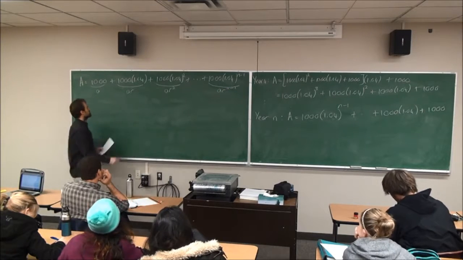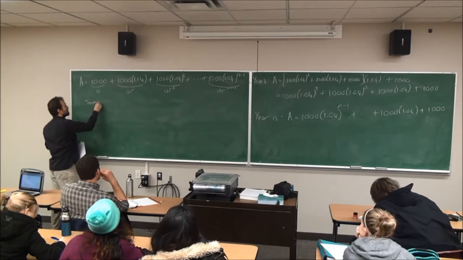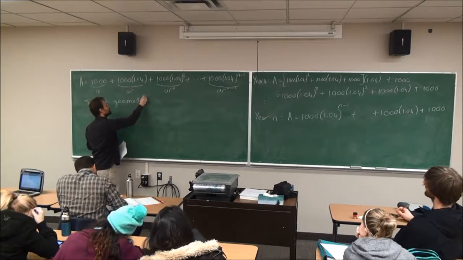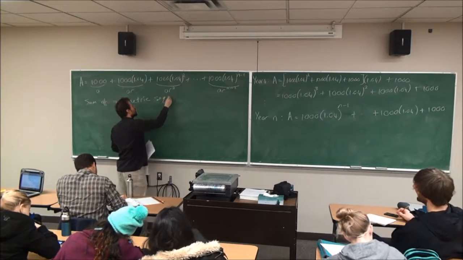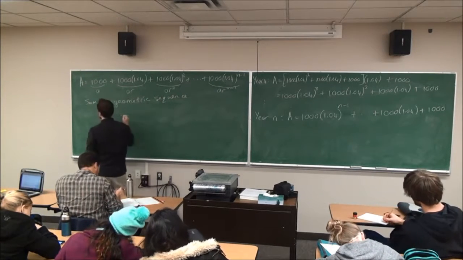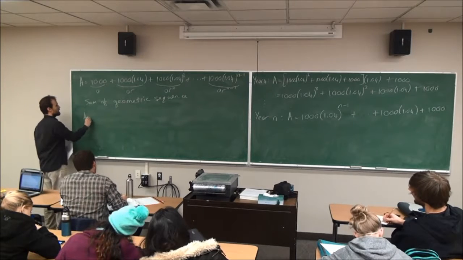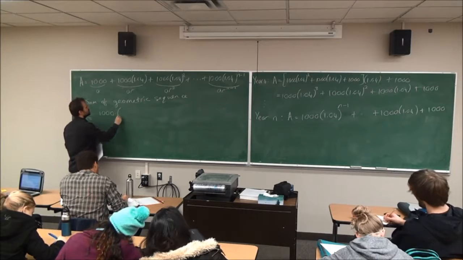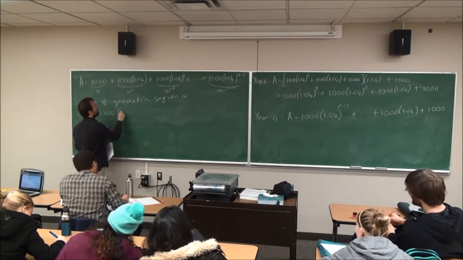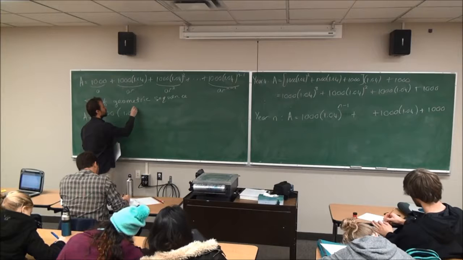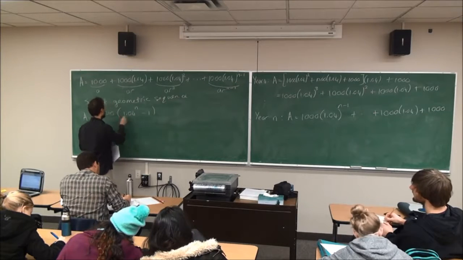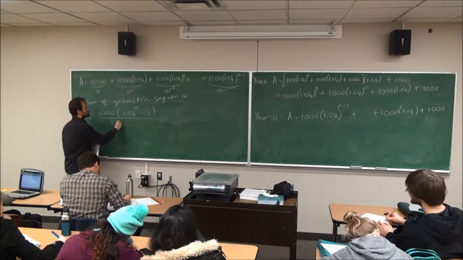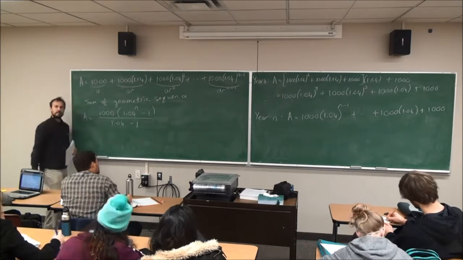So this is the sum of the geometric sequence. And I just did a formula for that. Plug it into the formula. 1,000 times 1.04 to the n minus 1 over 1.04 minus 1.